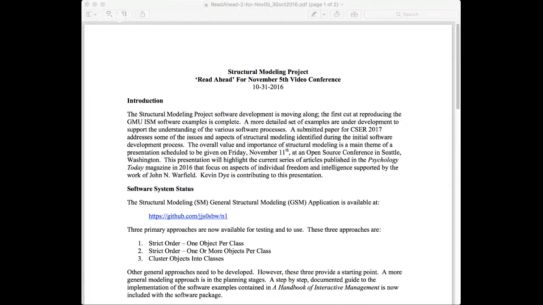But what we are doing is we're going back, and the software we have right now is kind of multi-purpose. You can use it to do certain types of ISM activities, and you can also use it to develop the algorithm.